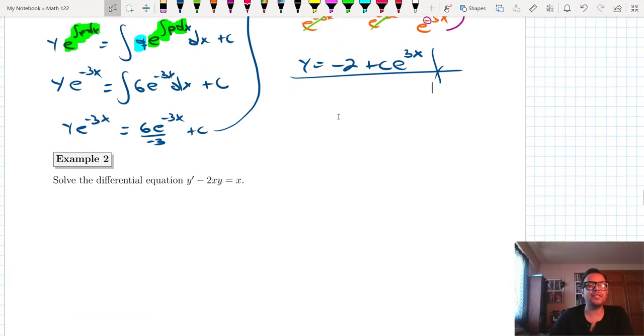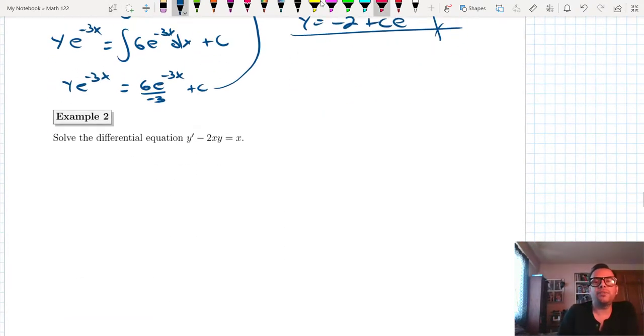Okay, let's look at another example in which we identify our p of x and our q of x. So p of x equals negative 2x and q of x equals x.